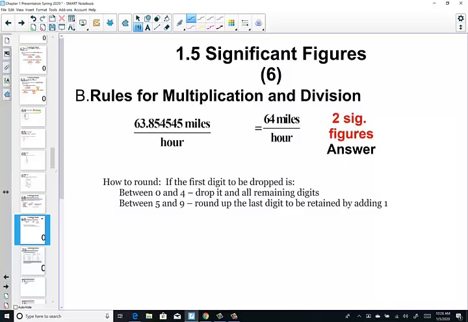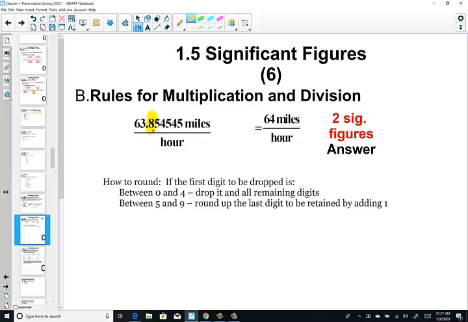We're only allowed 2 sig figs, so that means this 8 is the first digit we have to drop. If that number is between 0 and 4, just drop it. But if the number is between 5 and 9, you're going to round up the last digit to be retained by adding 1.